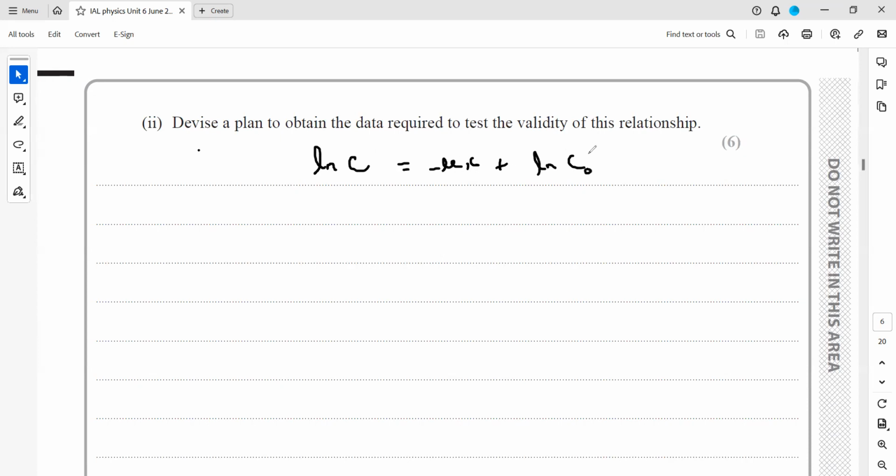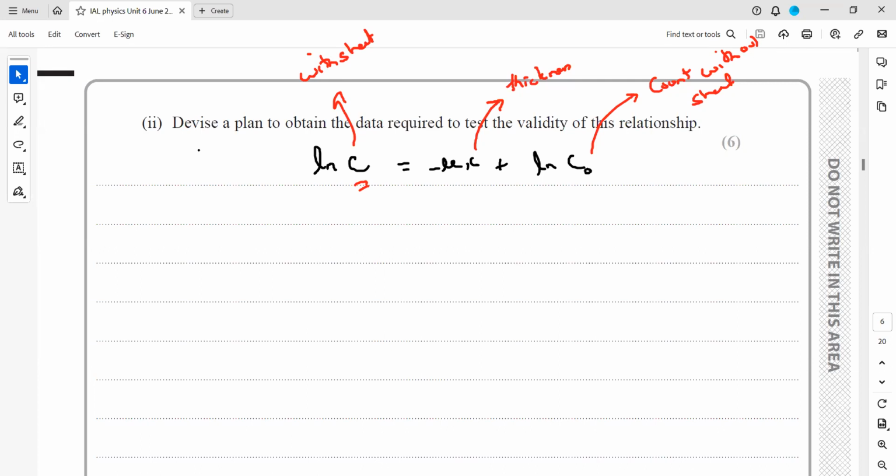C naught is the count without the aluminium sheet in front, and C is the count with the aluminium sheet, and x is the thickness.